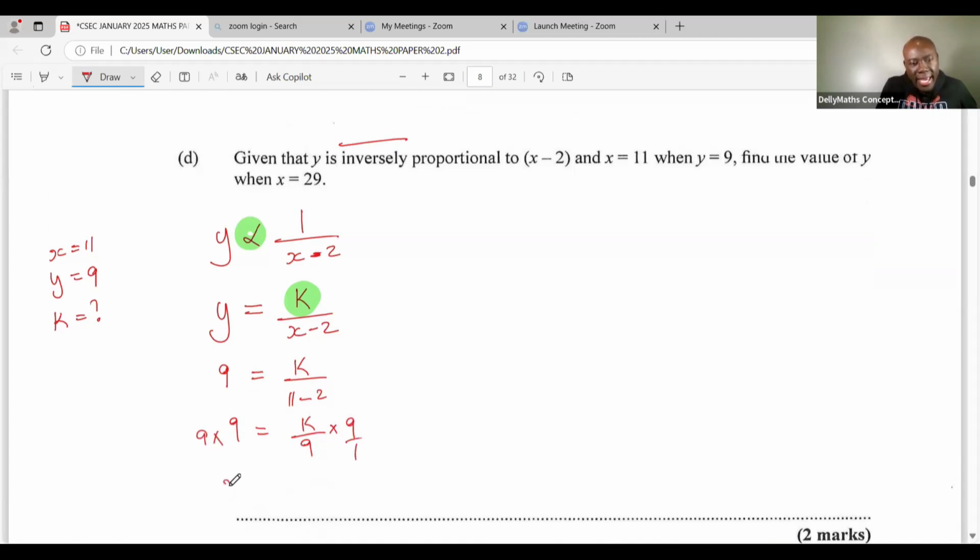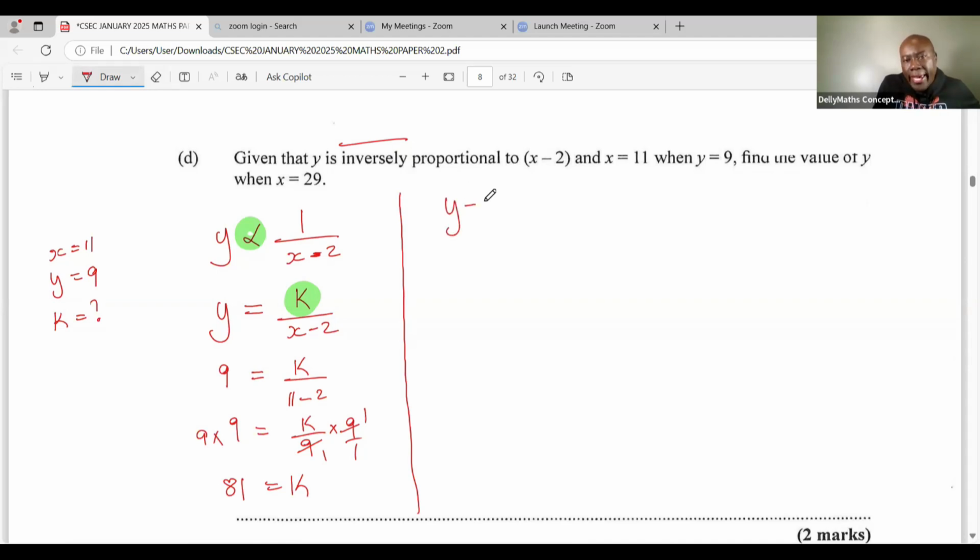And as you could see, 81 is equal to k. So now we have a value for k. k is equal to 81. Because k is equal to 81, we could now put things into perspective.